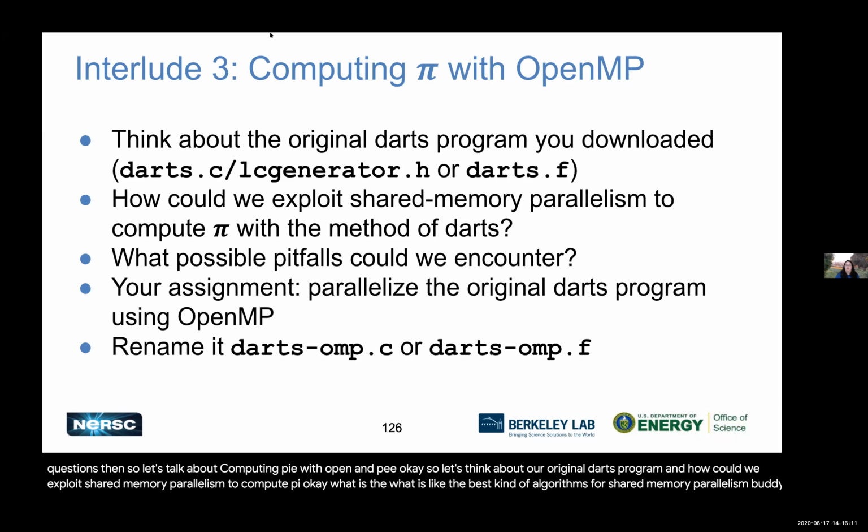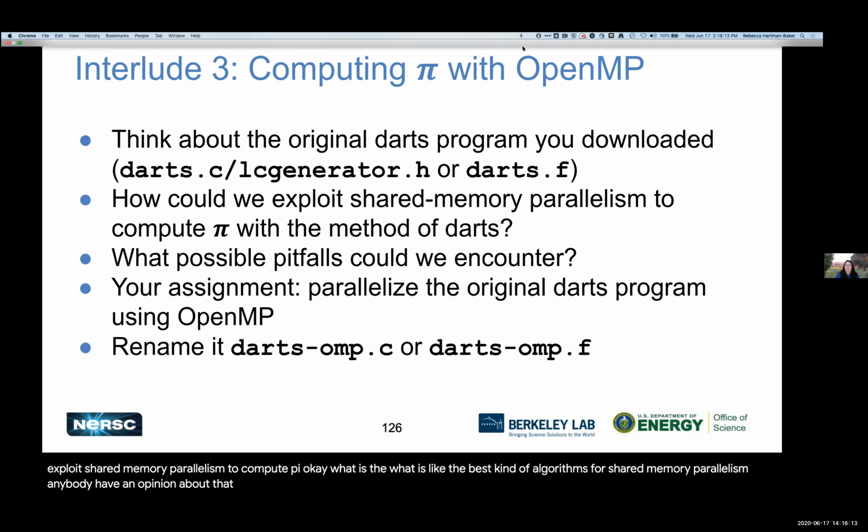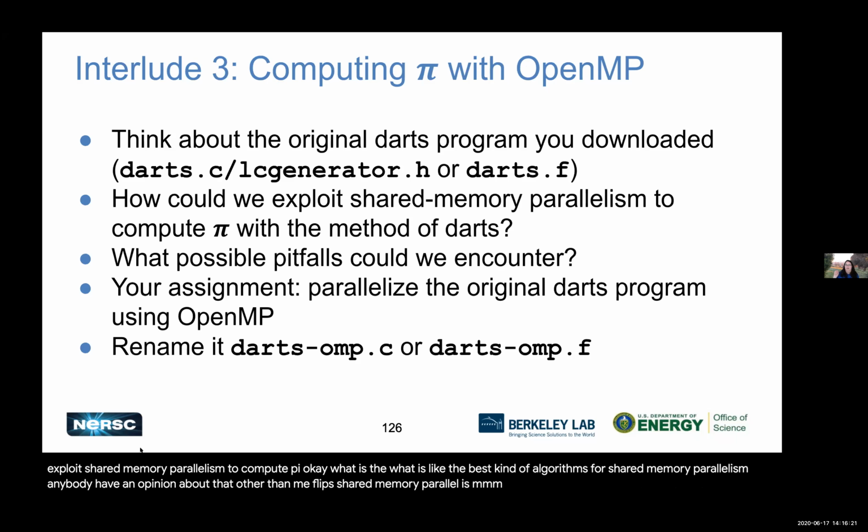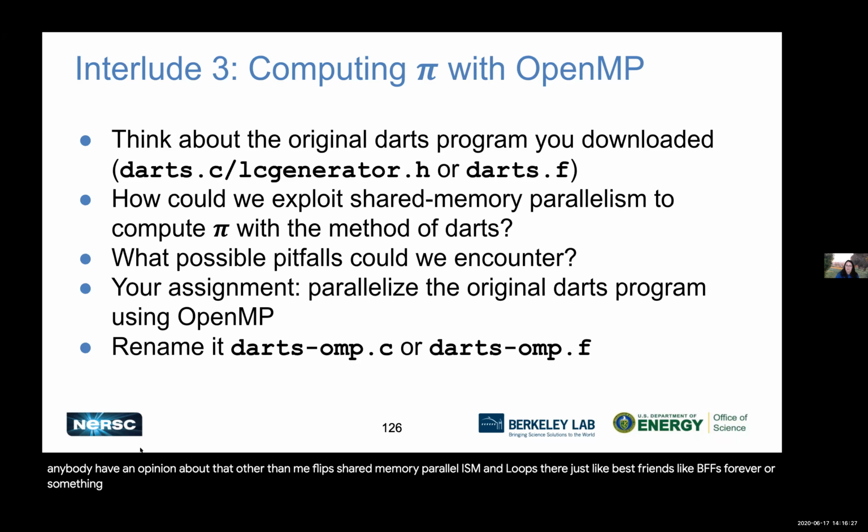Anybody have an opinion about that other than me? Loops. Shared memory parallelism and loops are just like best friends, BFFs forever. They just love each other. So what we should do then is parallelize our loop for computing darts with OpenMP, right?